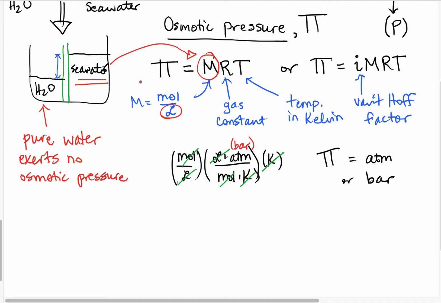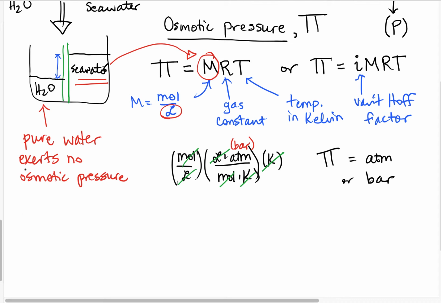But since every other solution is going to exert some osmotic pressure, water, in contrast to that solution, is still going to end up being involved in the osmosis. Okay? So let's do a quick calculation, and then let's talk more about some of these principles.